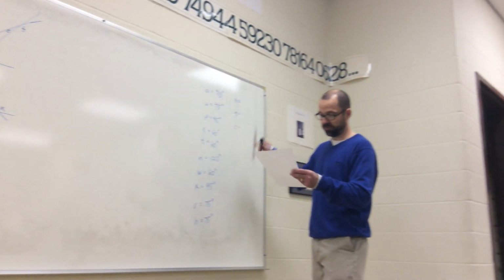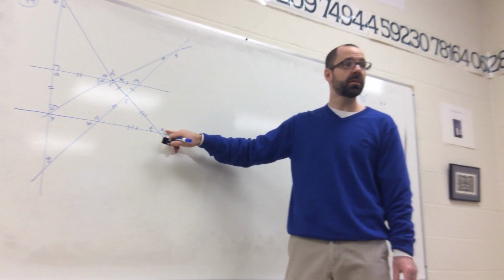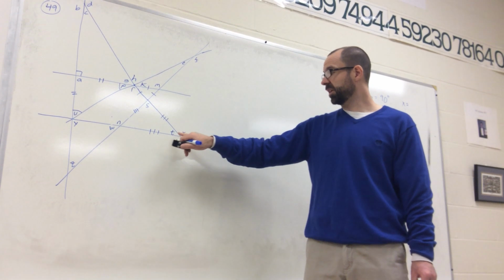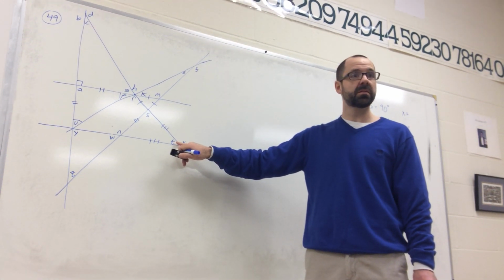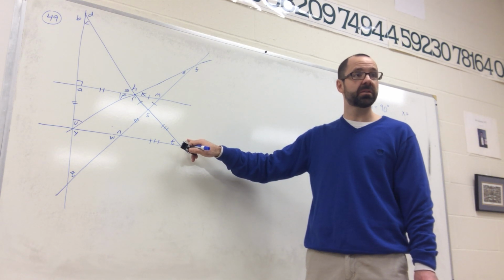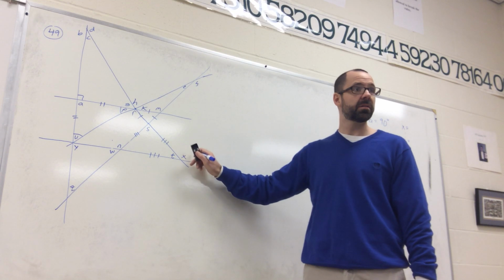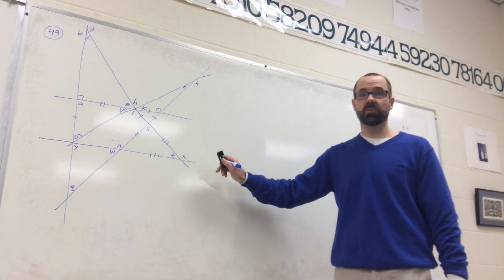Okay, looks like I wanted to go for X next. That's down here. How big was T? 60. So how big is X? Another half rotation, right? So X is 120.